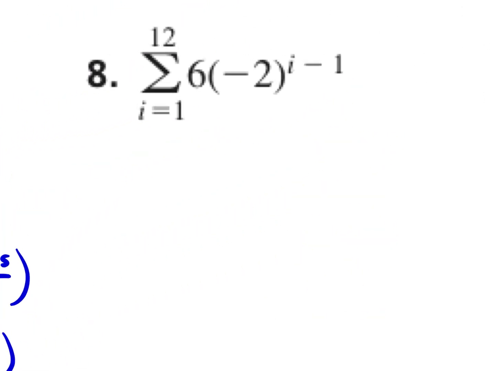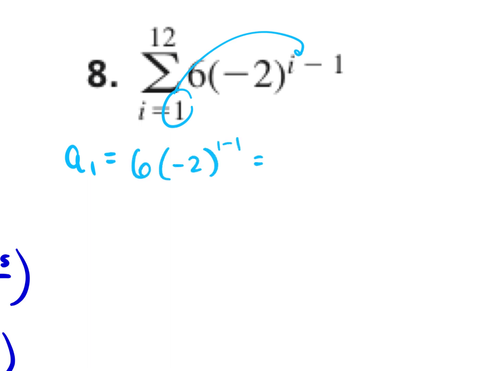All right, let's do number 8. So what's my first term? How do I find the first term? Plug in 1. So I'm going to plug in 1 into the i. So I have 6 times negative 2 to the power of 1 minus 1. What do I get when I evaluate this? So 6 times negative 2 to the power of 0.